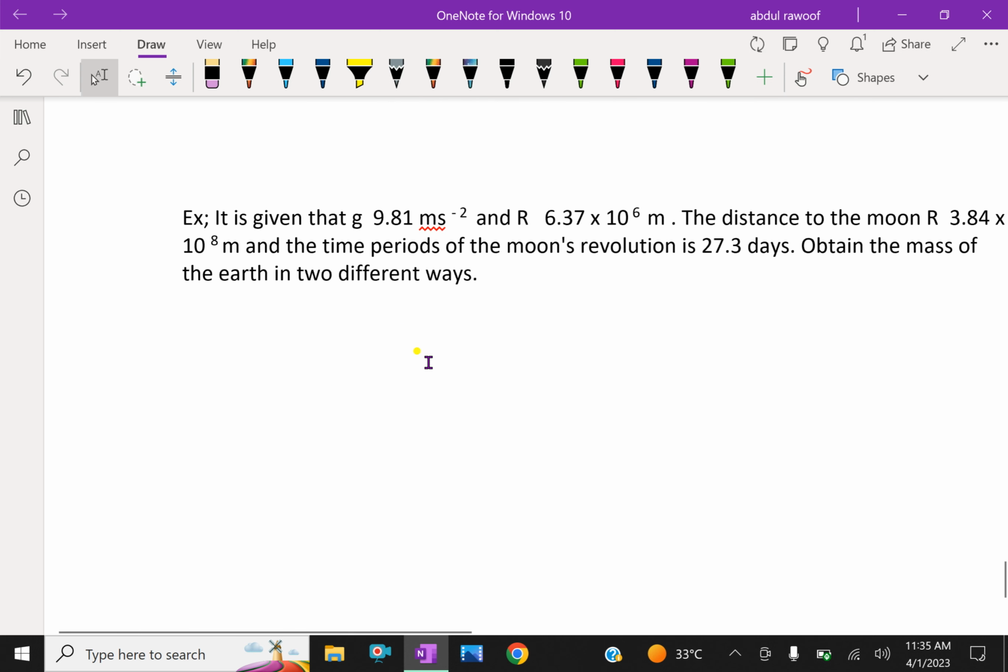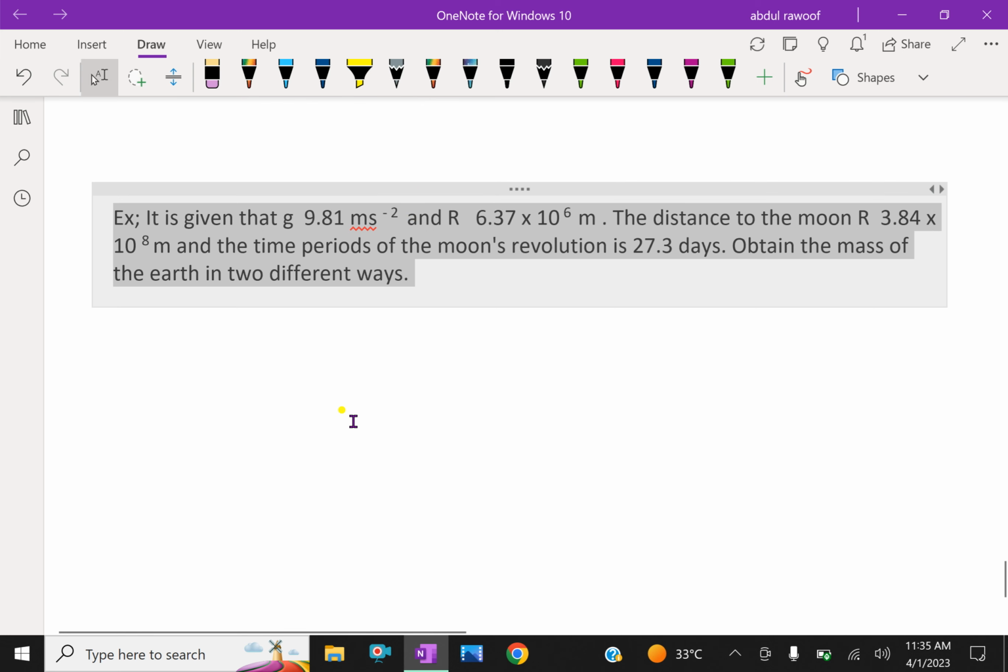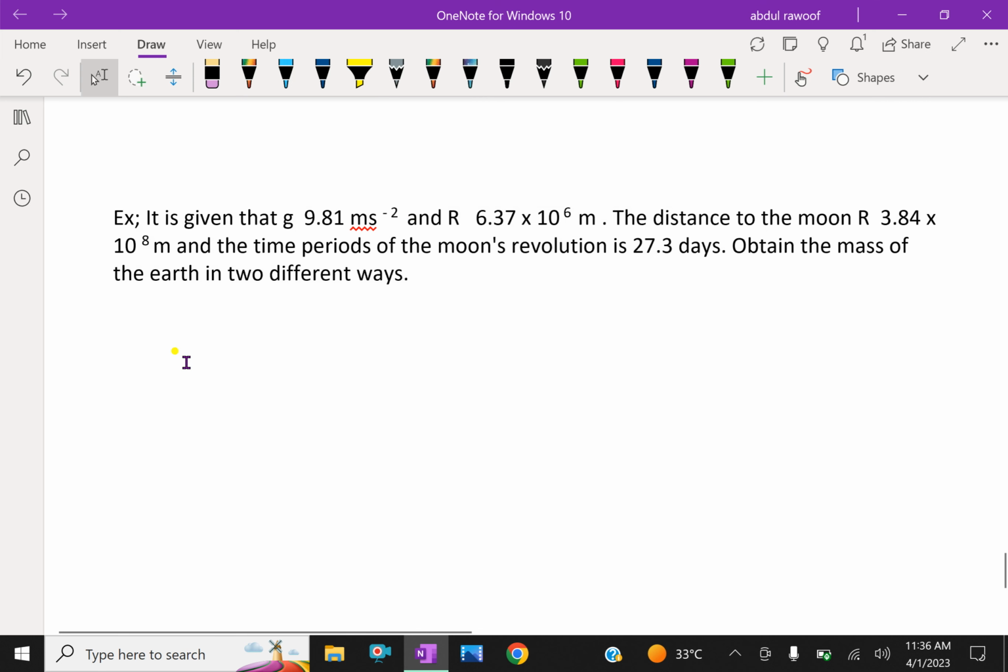Now, next question. It is given that g equals 9.81 meter per second squared and the radius of the Earth R equals 6.37 into 10 power 6 meter.